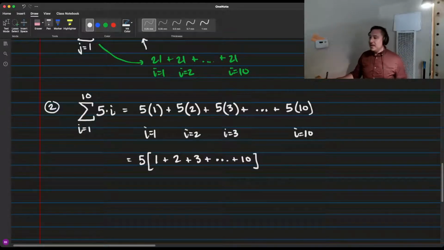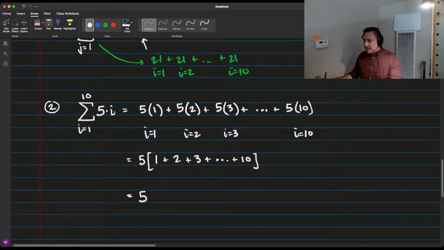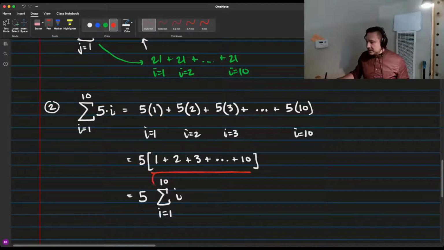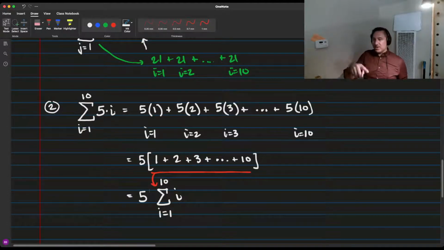Now what you realize here is that the stuff in the bracket, the 1 plus 2 plus 3 plus dot, dot, dot plus 10, is a sigma where i equals 1 to 10 where you just have an i. Everything inside the bracket is equivalent to this sigma notation because it's literally just plugging in 1 through 10 into i.